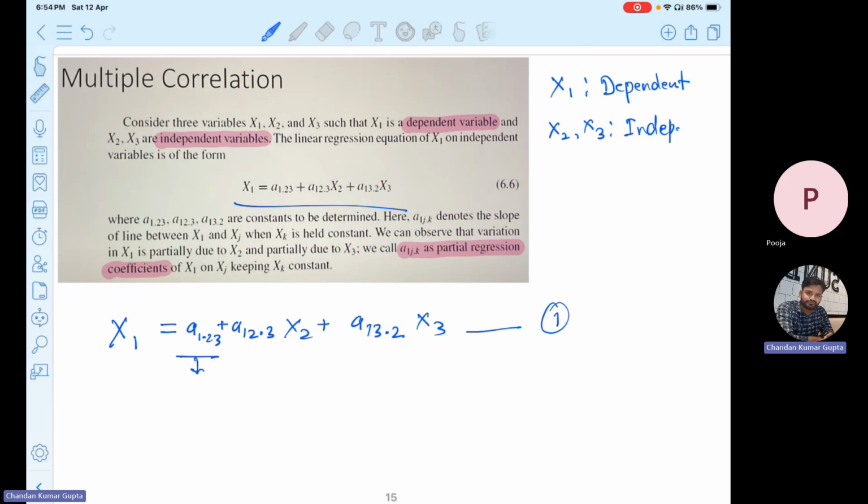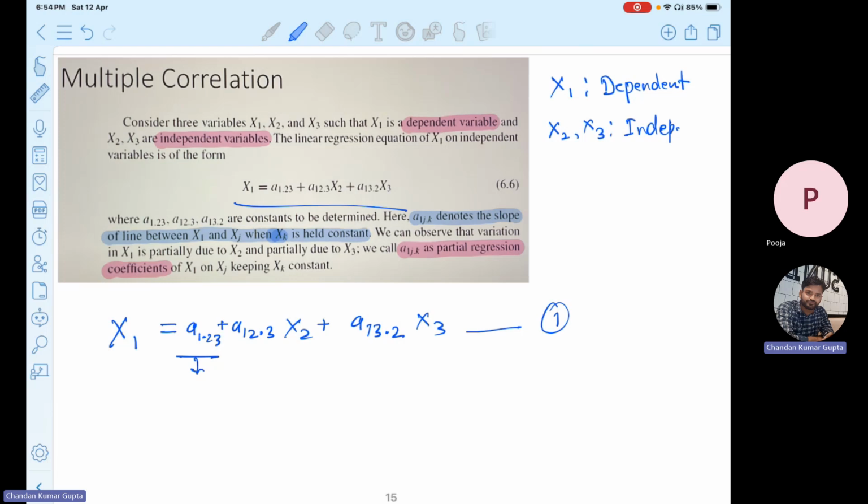Let me write here first. If you are able to read this, you can find out. Here a_ij.k denotes the slope of the line between the random variable x1 and xj when xk is treated as constant.